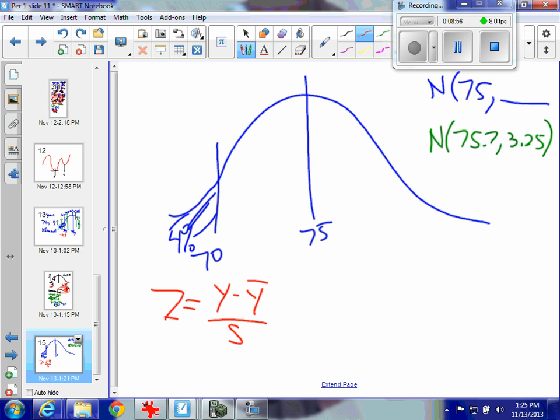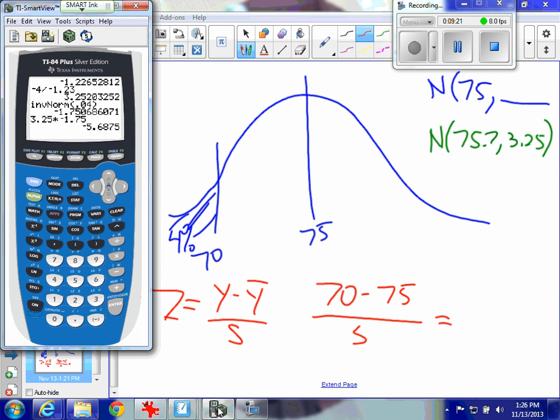Yes, that's what's too small. My y bar is 75. I don't know what my s is, but my z is still 4%. What was the z-score for 4%? Negative 1.75 equals negative 5 over s.